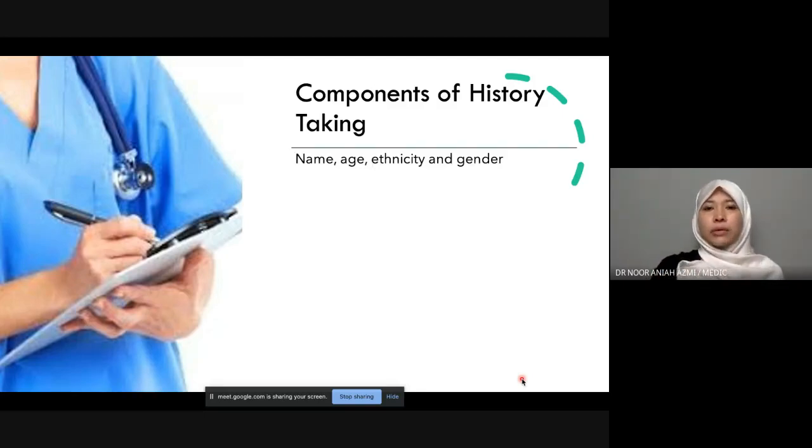So when we ask about the history, not only do we ask about the symptoms, there are other components. I always emphasize this: you have to know the name of the patient, the age, the ethnicity, and the gender. In my clinic, when students present, I always want them to present with the patient's name.